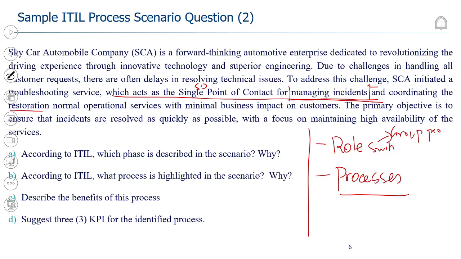We are talking about the restoration of the normal operational services with minimal disruption. Okay, the primary objective is to ensure that the incidents are resolved as quickly as possible with focus on maintaining high availability of the services. So that one there, for example, is incident management, okay? For example, this is service operations.